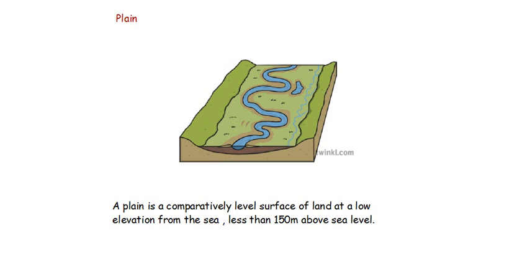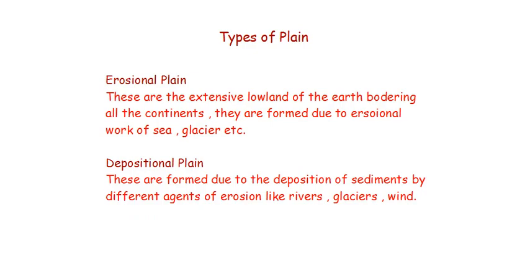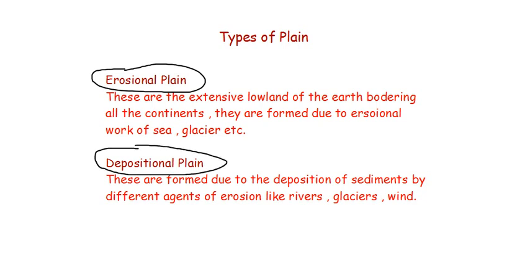Now how do we classify plain? We classify plain into two broad groups. One is erosional plain, another one is depositional plain. When a plain is formed due to the erosional work of sea, glaciers, etc., it is called erosional plain.